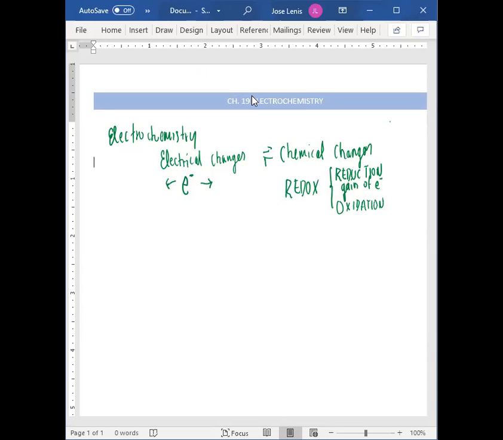So they give electrons. And this must occur as a pair. It cannot occur independently. So if a substance gives electrons or loses electrons, it's because somebody is going to take these electrons to go on the reduction process.